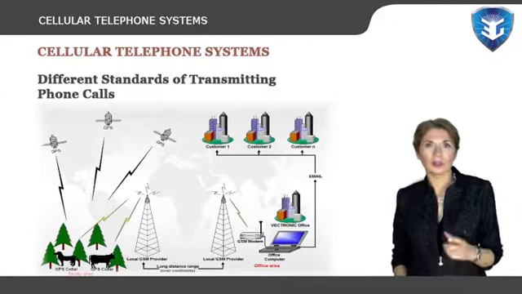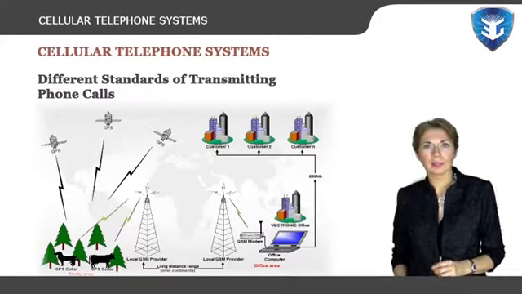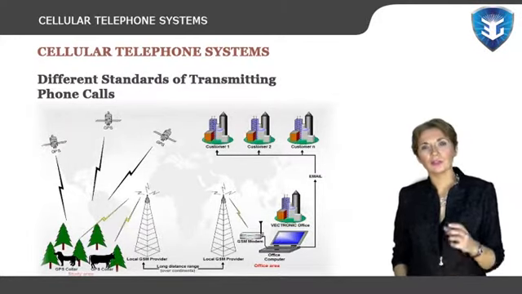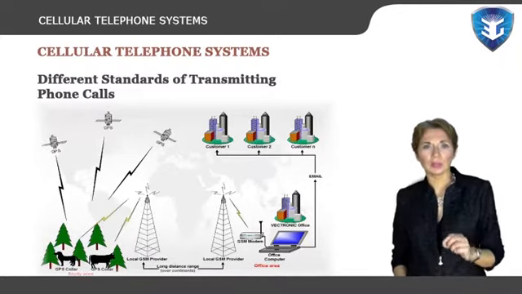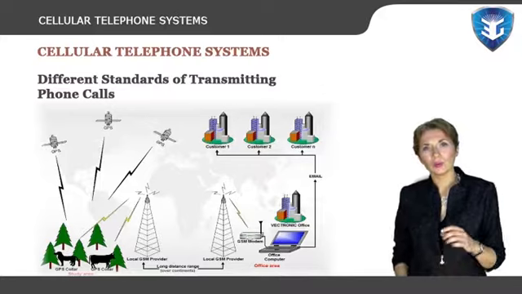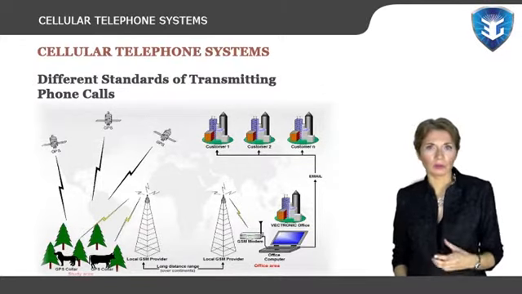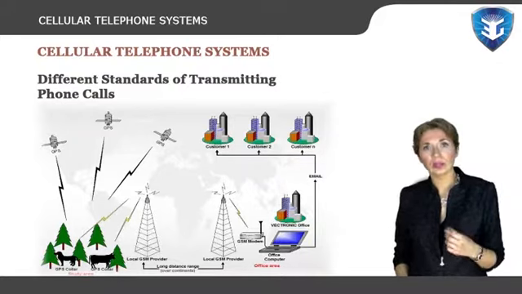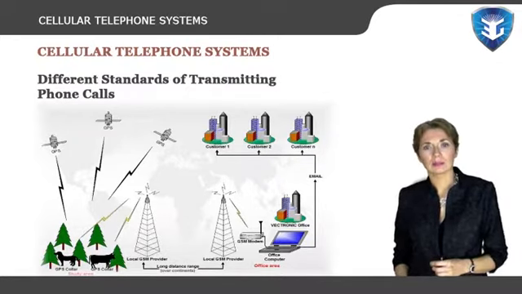Different standards of transmitting phone calls. Some PCS providers use Global System for Mobile Communication, GSM, for their network systems, which has been used all over the world for many years and has established a track record of providing reliable performance.